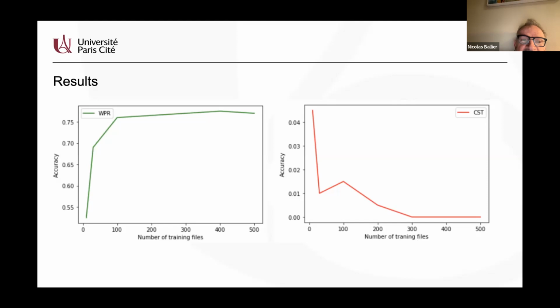This is more or less the case for the labeling of relative pronouns. That's the green curve on the left. For the category relative pronoun, we seem to reach a plateau when we reach about a fifth of the Brown corpus, counted in number of files.